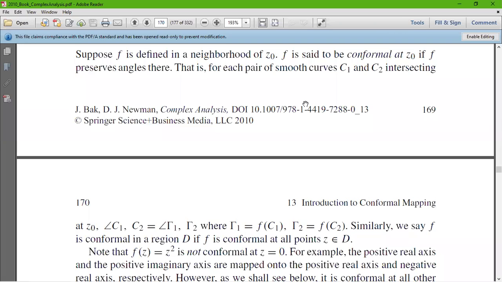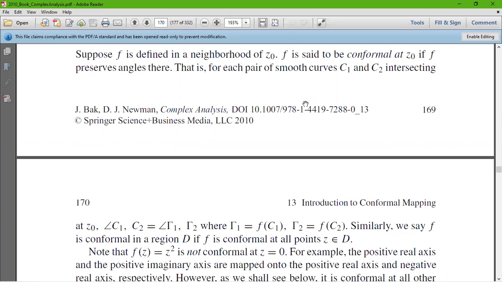Now we are going to define when a function is said to be conformal at a point. Suppose f is defined in a neighborhood of Z0. f is said to be conformal at Z0 if the function f preserves angles there.